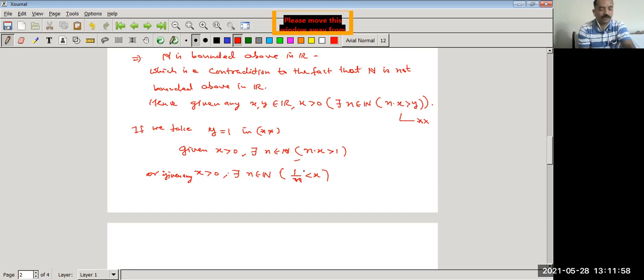So this is a very important property when we talk about convergence, because when we talk about convergence, we use: for given any epsilon greater than 0, there exists a natural number n such that 1 upon n is less than epsilon.